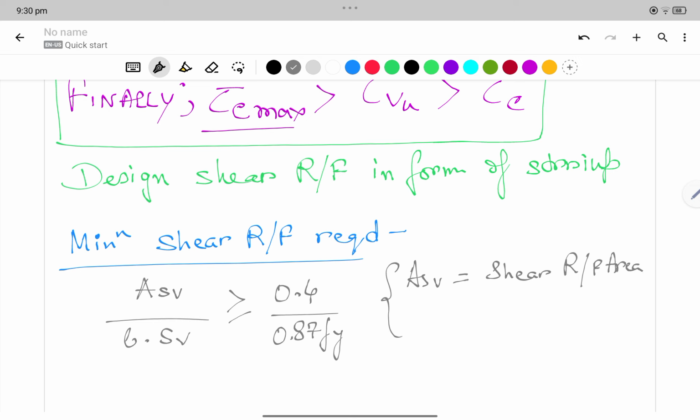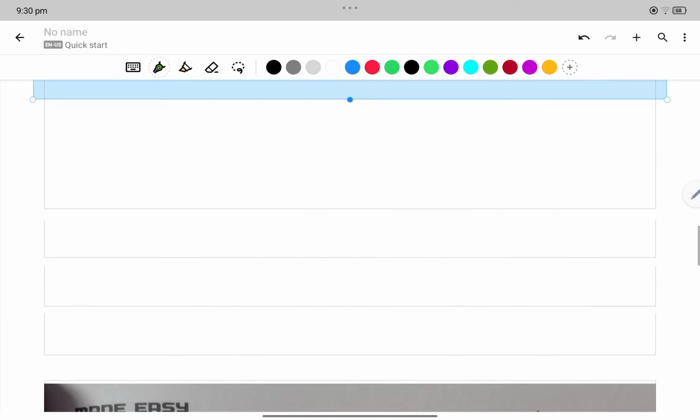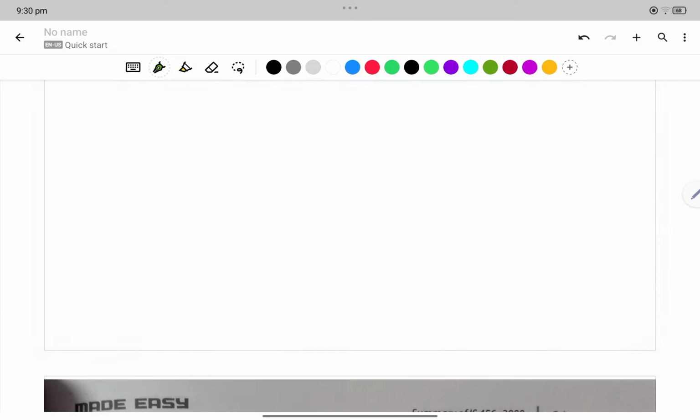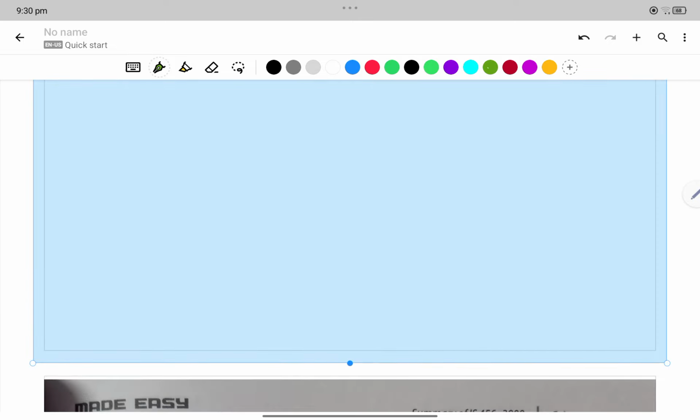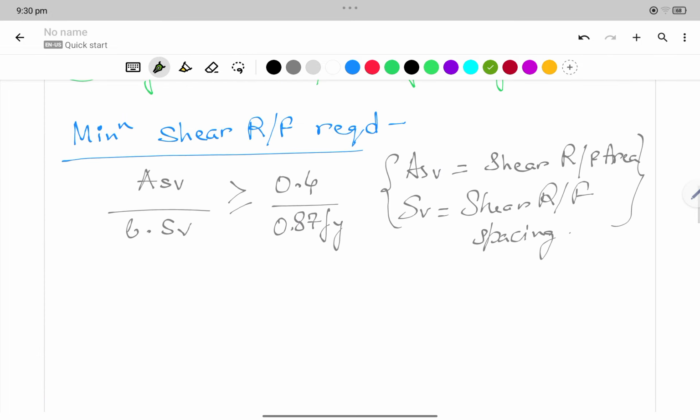B is the section width, and SV is the shear reinforcement spacing, and Fy we know. One thing that is important here: if nothing is given, how can we calculate ASV?